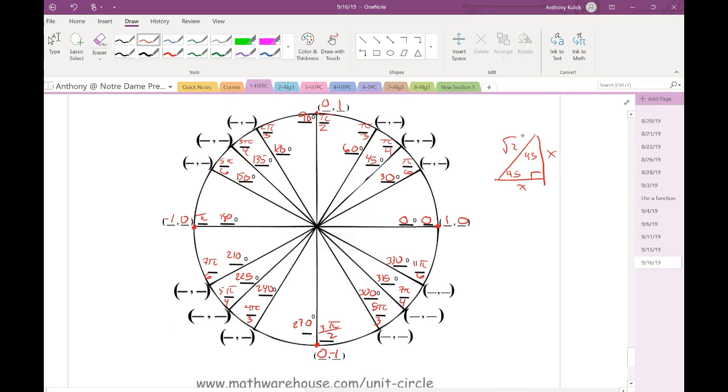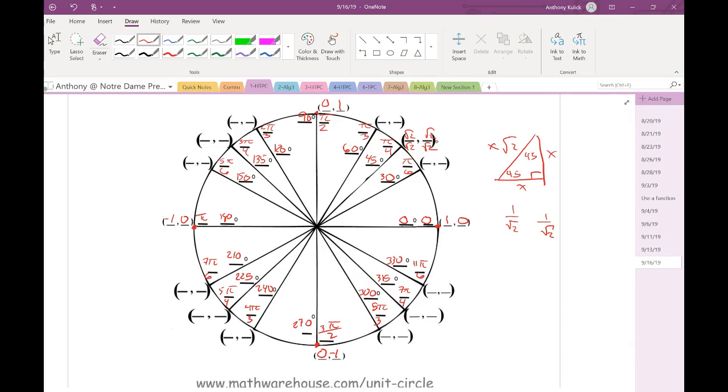In a 45-45-90 triangle, sine of 45 is 1 over the square root of 2, and cosine is also 1 over the square root of 2. But we usually rationalize our denominators and write that as square root of 2 over 2. Everybody okay there?